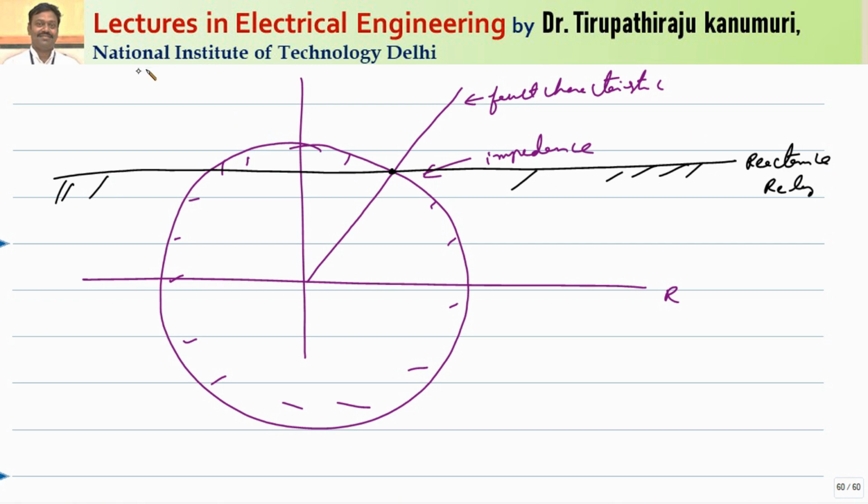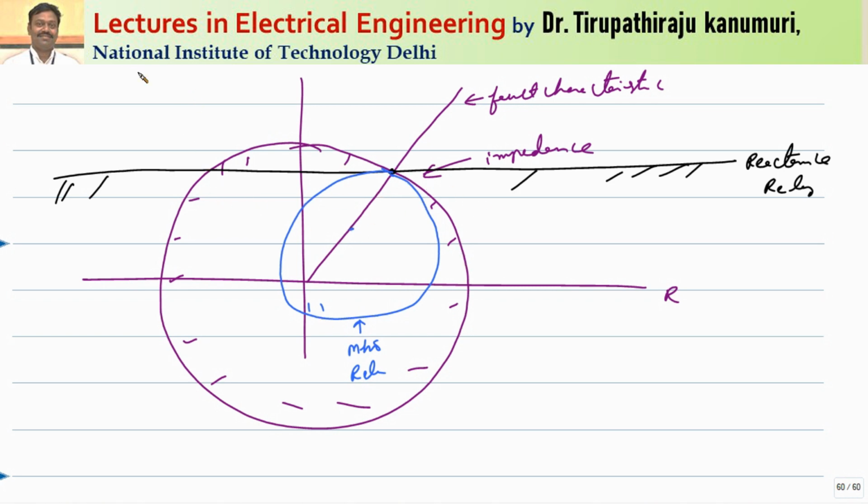And now for the case of the Moore relay, the Moore relay characteristic will be somewhere here. The circle will vary like this. So this will be for the case of the Moore relay. Generally the radius will be taken from the center of this characteristic. I was not able to draw a perfect circle.